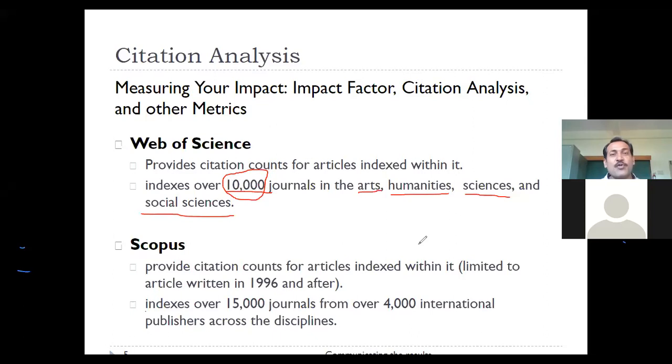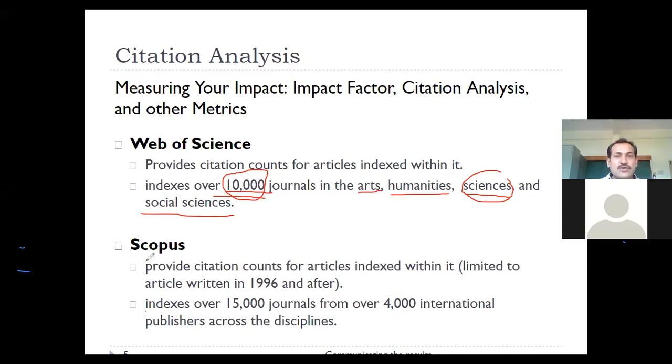It means we will see how many times an article is cited by other authors in their papers, right? That we will see. So here the count is 10,000. And again, Web of Science mainly deals with the sciences, right? It also has certain journals of arts, humanities, and social sciences, but mainly the sciences.